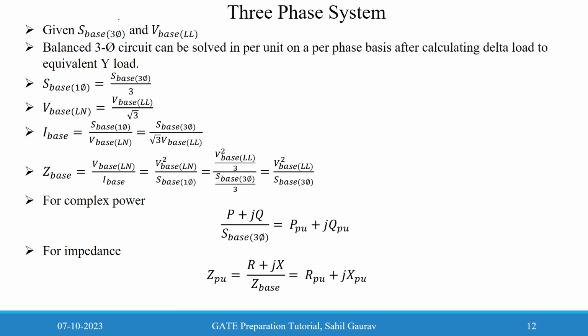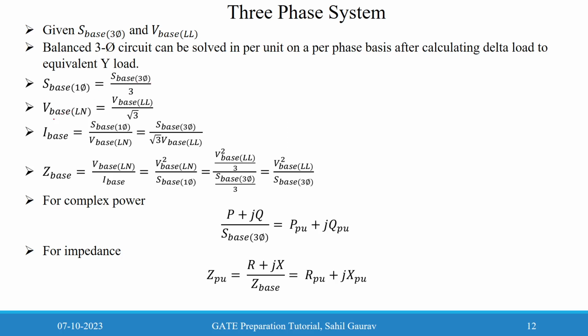So now these quantities are given, so we can find the other quantities also. For a power system we have four base quantities: apparent power, voltage, current and impedance. But in a three-phase system, we have to consider the single phase and line to neutral, that is the phase base quantities also. For the single phase base apparent power, divide the three-phase base apparent power by 3.